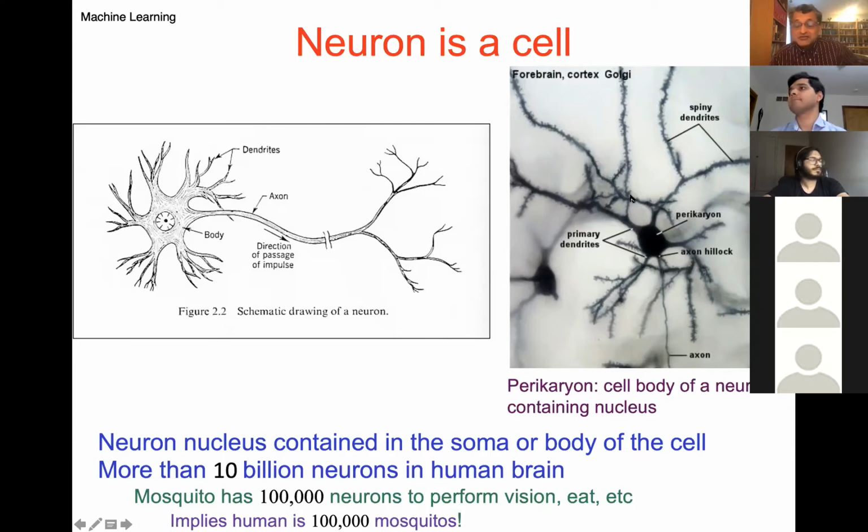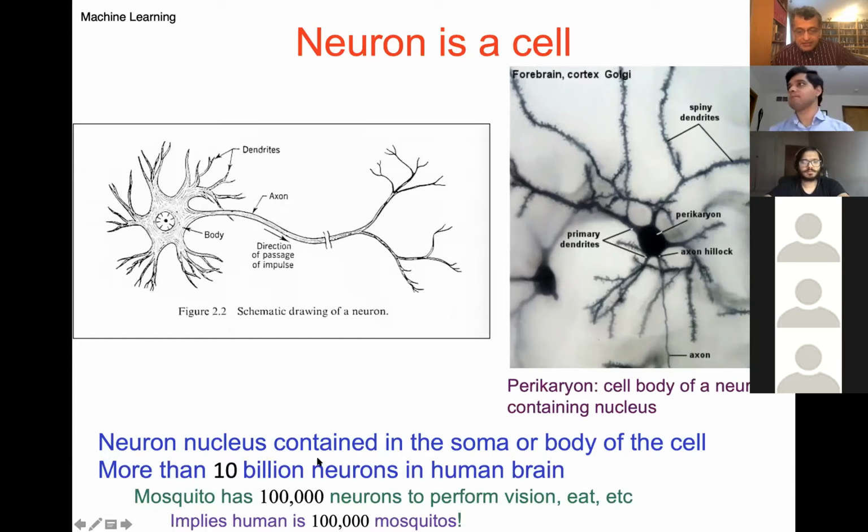Okay, this also differs on which part of the brain you're talking about. Forebrain, the front of the brain, cortex. Right, some name, cortex Golgi. And then there is a perikaryon, cell body of a neuron containing the nucleus. Perikaryon. Okay, so anyway, fascinating topic. All of this doesn't matter to computer guys too much, but anyway, that's where it all came from.